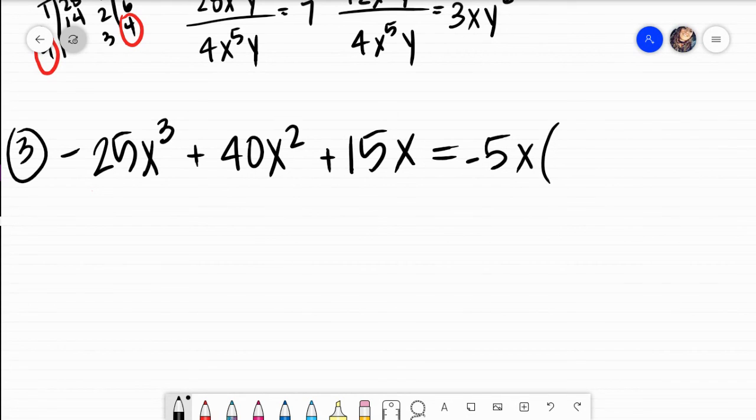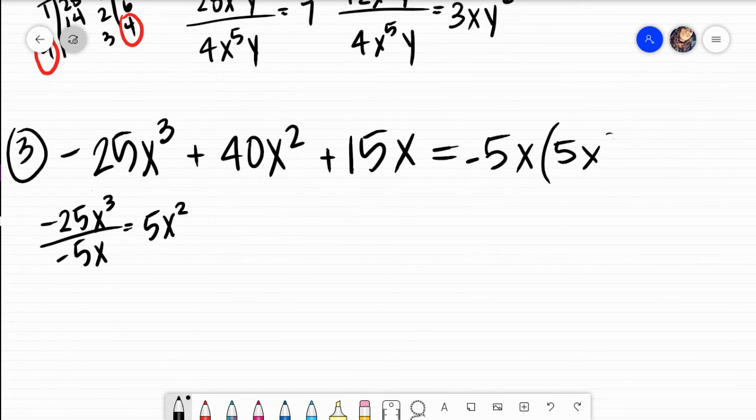Now we divide. This is the first term divided by the GCF. 25 divided by 5 is 5. Signs are the same, so it's positive. X cubed divided by x would be keep and subtract. I get a 5x squared. Then we do 40x squared divided by negative 5x. 40 divided by 5 is 8.